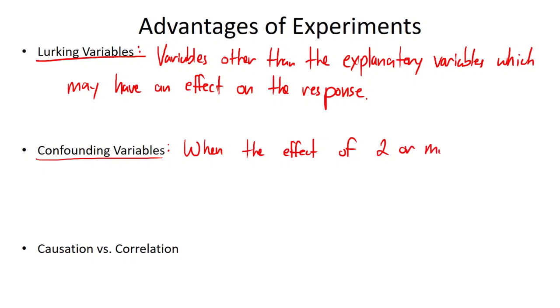This is something you also run into in an observational study, that you can control for in an experiment. Confounding happens when too many things change at once and you can't necessarily tell which caused what.